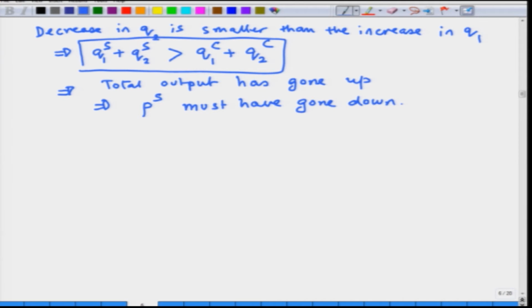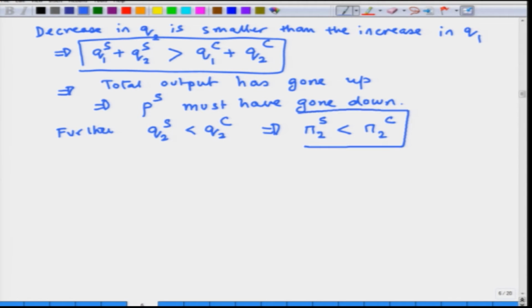Now, the price has come down and the output produced by firm 2 also has come down compared to the Cournot case, right. Further, Q2S is also lower than Q2C. This implies that the profit of firm 2 under the Stackelberg model is less than the profit under the Cournot model, right.